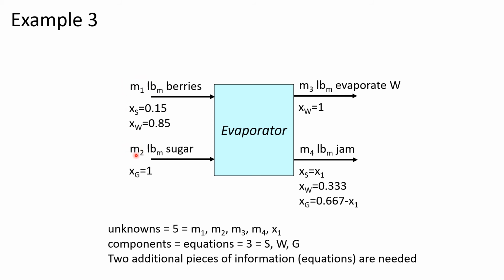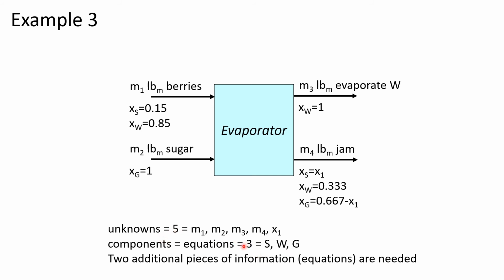M2 is a second one. We work our way over here to the upper right. M3 is a third. M4 is a fourth as we come down to the jam. And x1 is the fifth. We have 5 unknowns. The number of independent balance equations we can write is equal to the number of components. The number of components is 3. We have solids, water, and sugar.